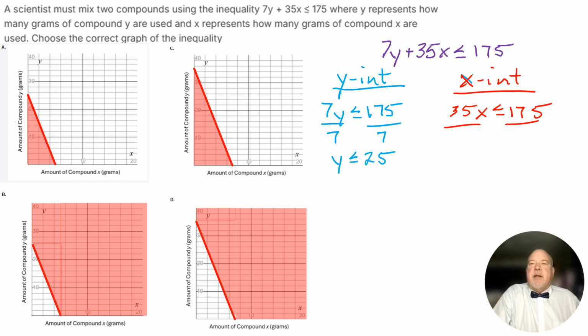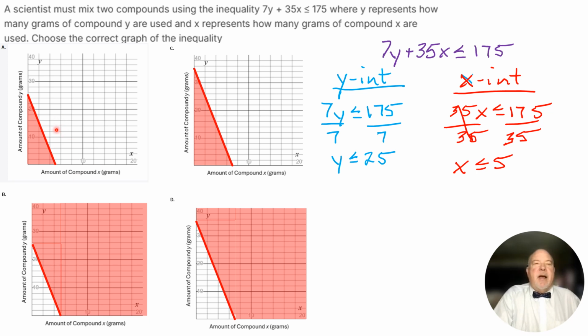Divide both sides by 35. And x is less than or equal to 5. So the x-intercept is at 5. This is right between 0 and 10, so 5 looks about right. This one's a little further over than this one, so this x-intercept here is greater than 5. So it's either A or B.